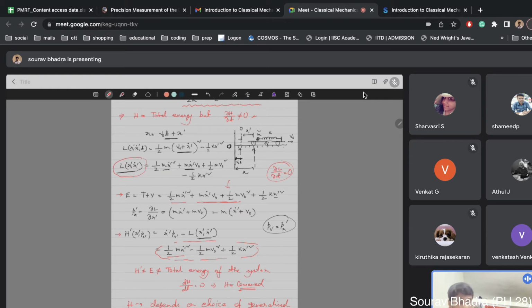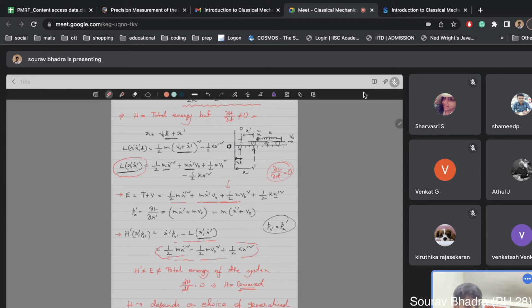For the same problem, you can get a coordinate where H is conserved and another coordinate where H is not conserved. This is an interesting example, and you should always remember this.